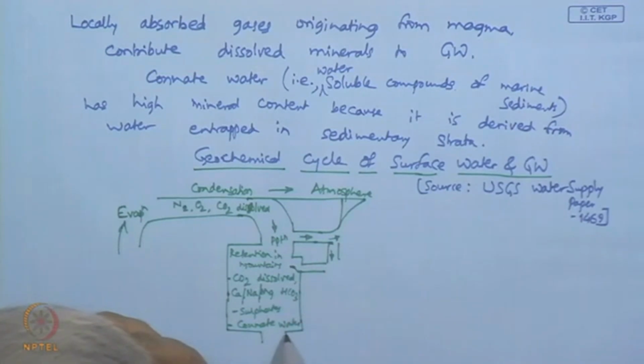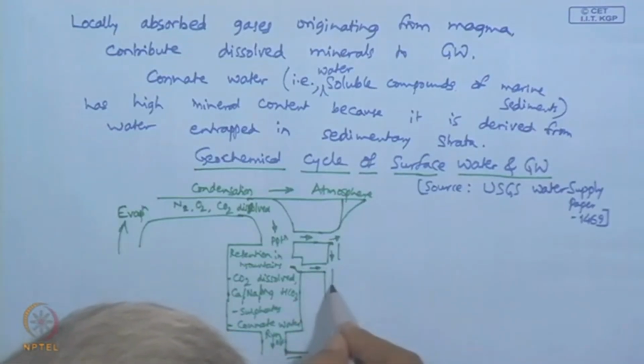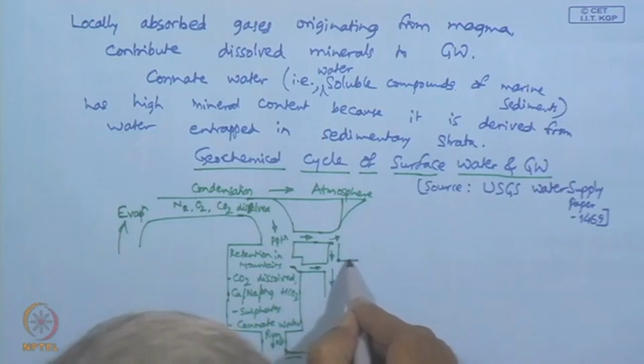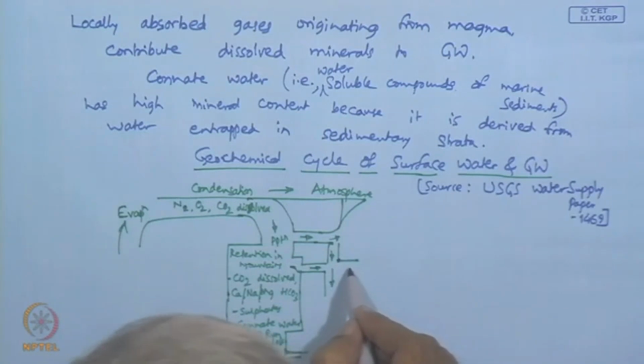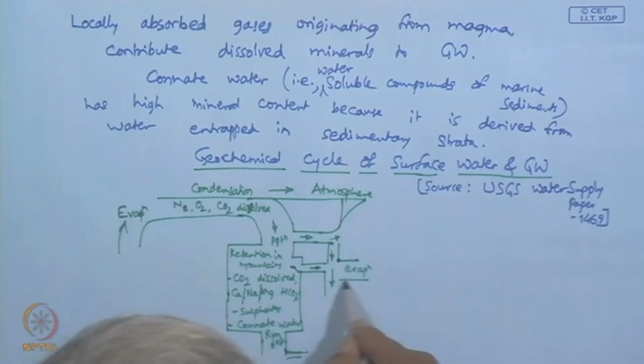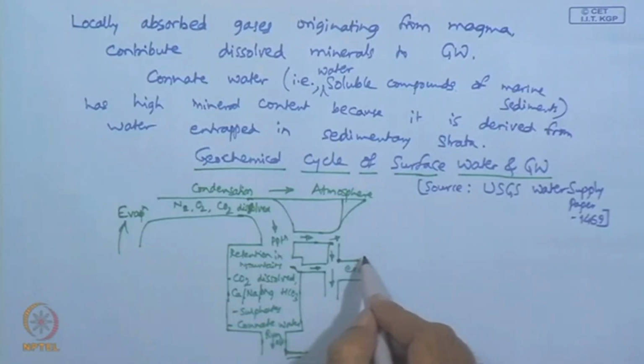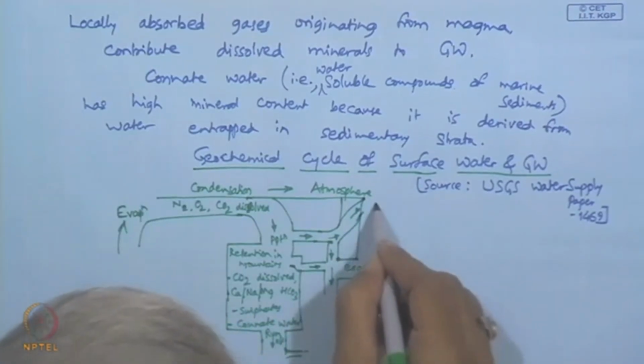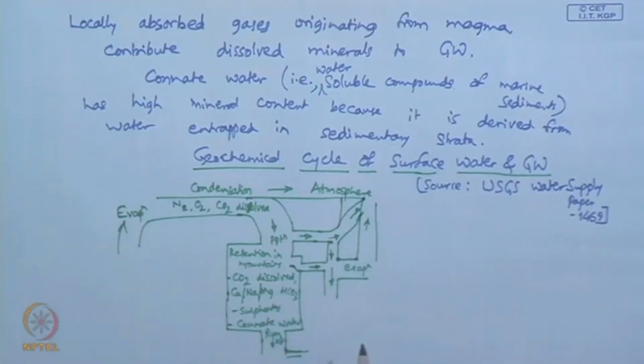Then eventually it is moving as runoff, and here there is evaporation, and after evaporation it goes into the atmosphere.